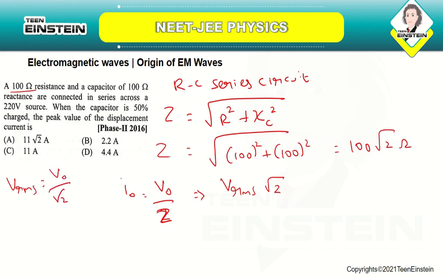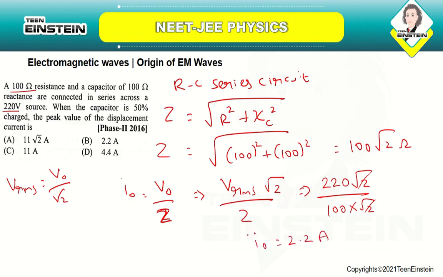So you are getting it as VRMS into root 2 divided by Z. Here you have got the Z value as 100 root 2 and your VRMS is 220, the voltage they have given. So 220 root 2 divided by 100 into root 2. If you solve this, you will get the current value as 2.2 amperes.